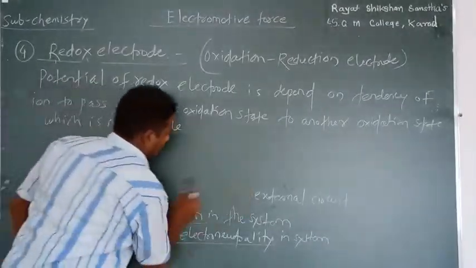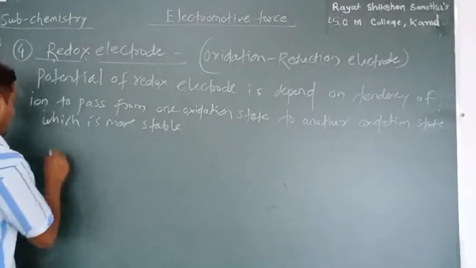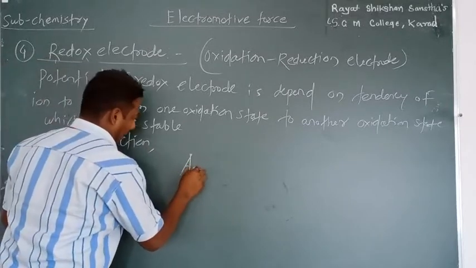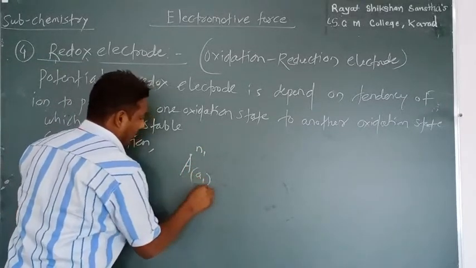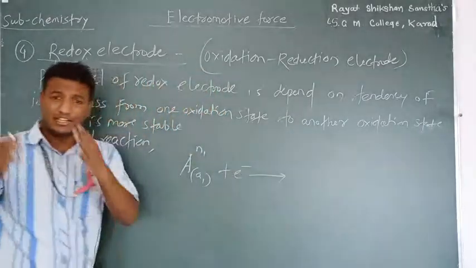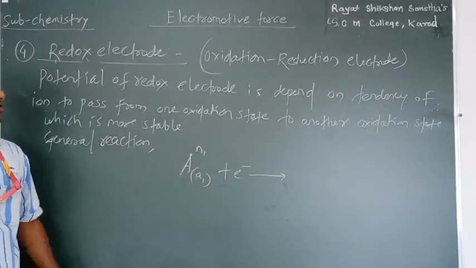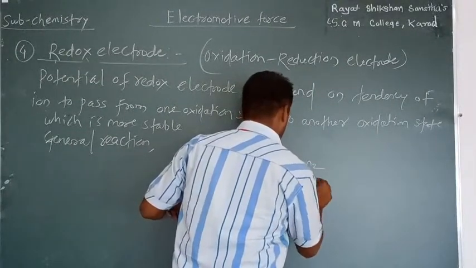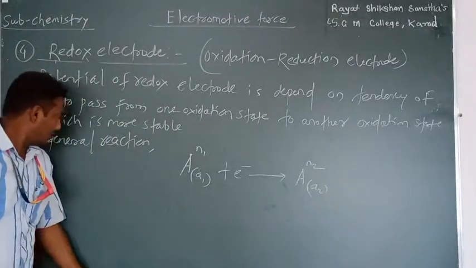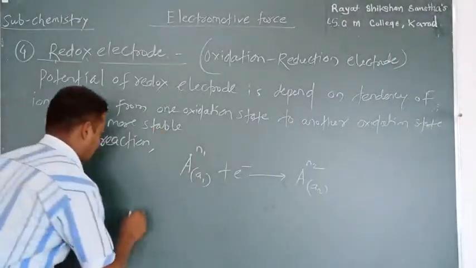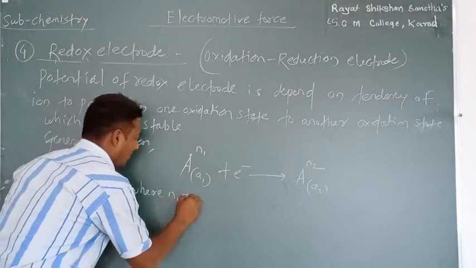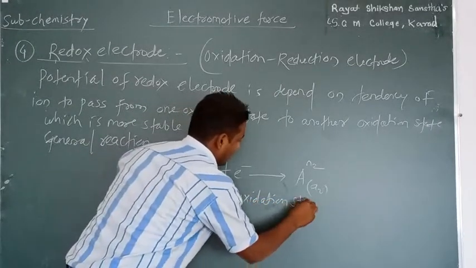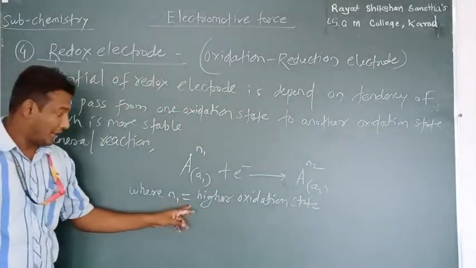Then consider the general reaction. It is a reduction reaction, because we are considering reduction potential throughout the topic: A^(N1+) to A^(N2+), where N1 is the higher oxidation state.